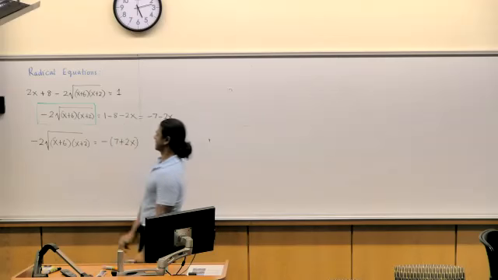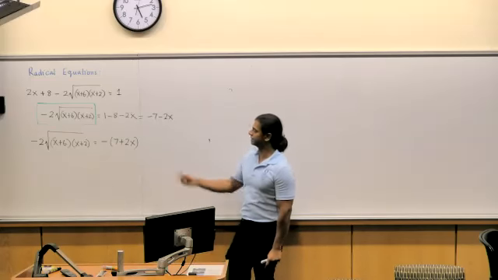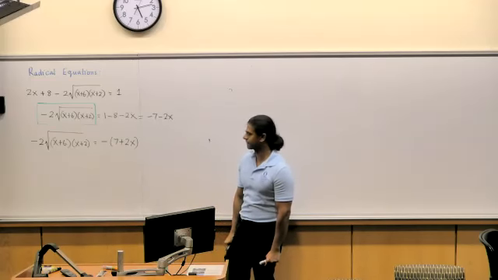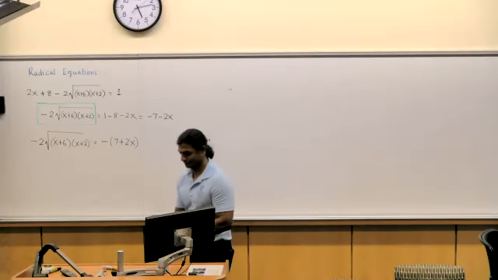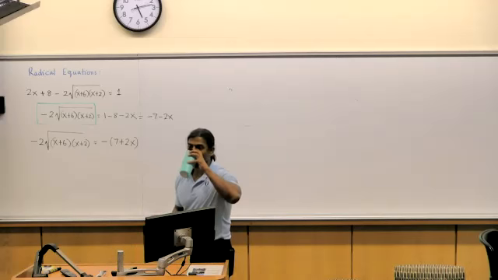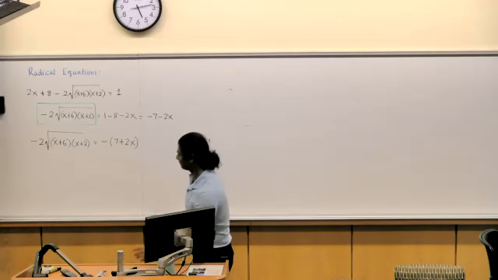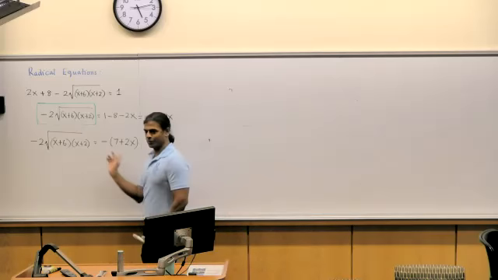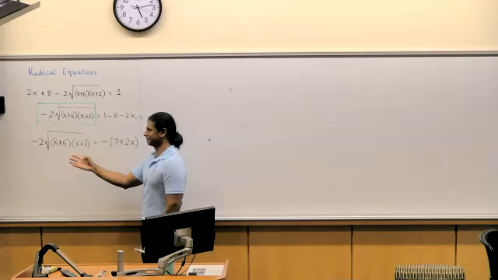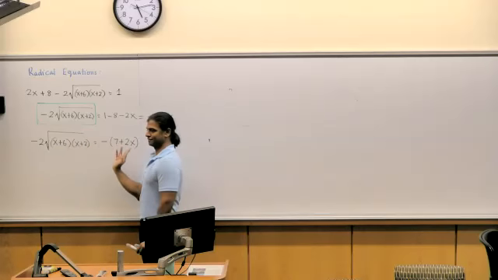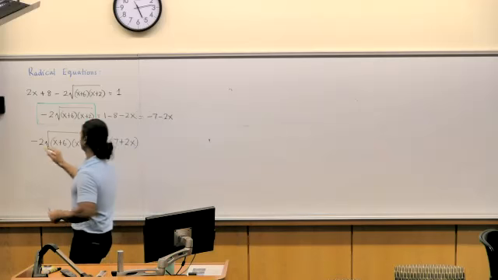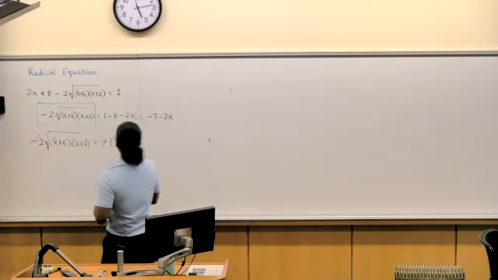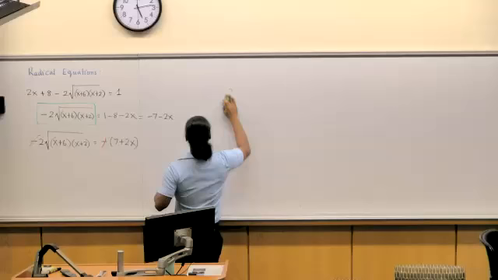If I pull the negative out, I simply have negative 7 plus 2x. What is the next step? What do we see in common? Divide by 2, and also negatives. Cancel the negative, divide by 2.